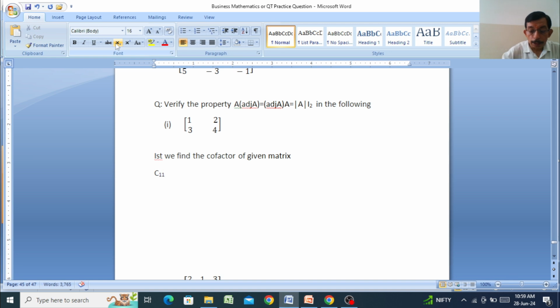The value of the cofactor C11: first row, first column cancel out, the remaining element is 4. The 4 is the cofactor C11. Then now we find the next cofactor C12.